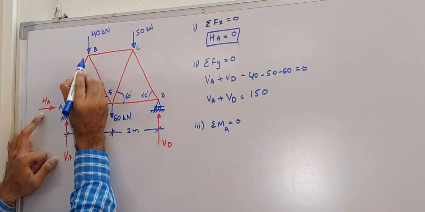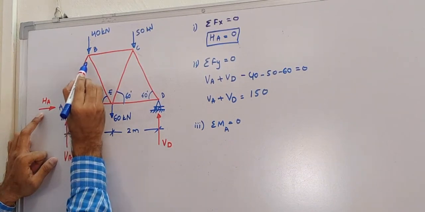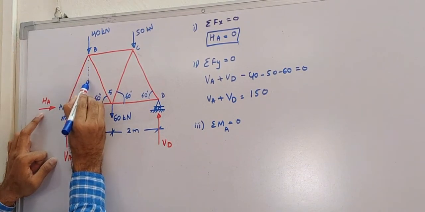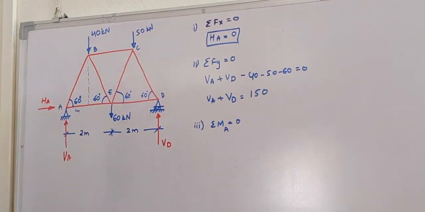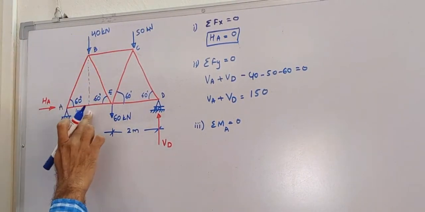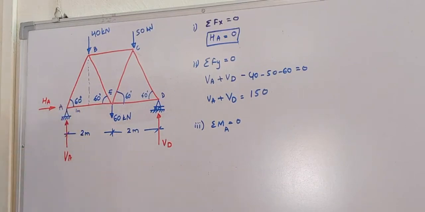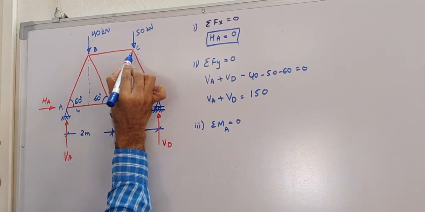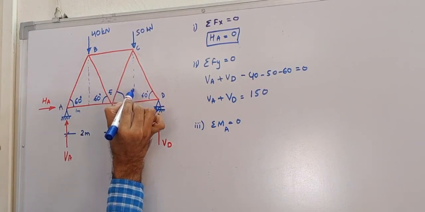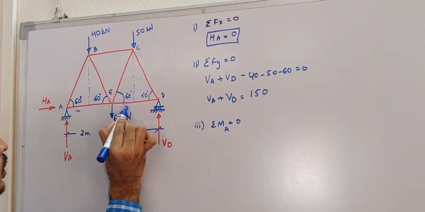If I calculate this length, it will be 1 meter, because this is an equilateral triangle. If I draw one line, it will cut the bottom member exactly at half, so this is 1 meter. Similarly, the other is also 1 meter.